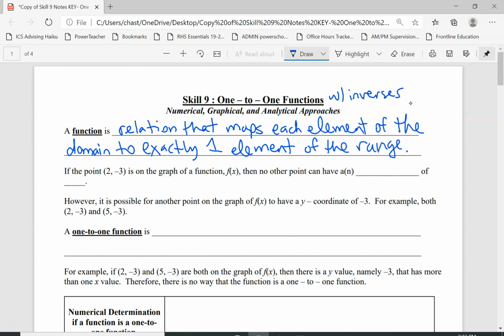Each of our x values is going to go to only one y value. If there was an x value that went to two different y values, it would not be a function.